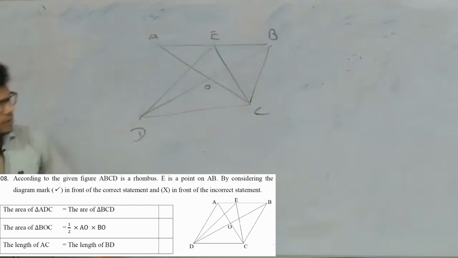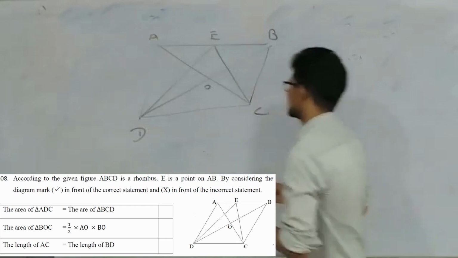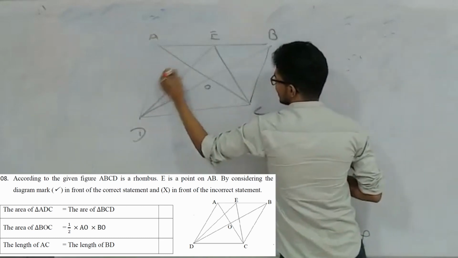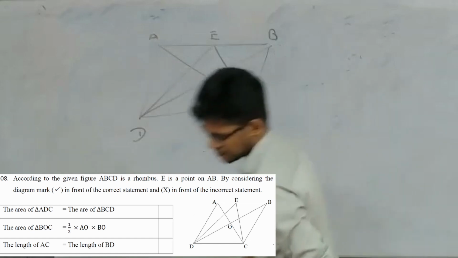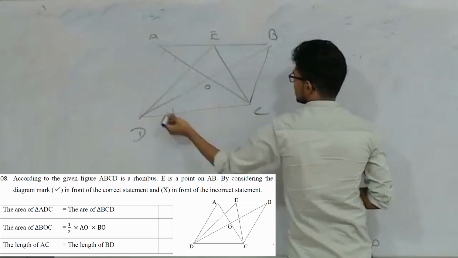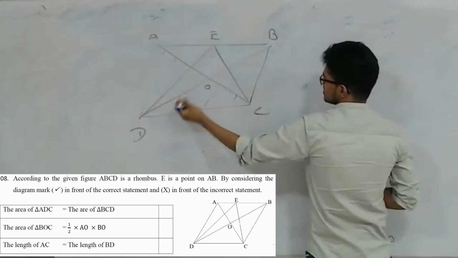Are they equal? Why is that? Is it correct? Yes, it is correct. ACD is this triangle, and BCD is this triangle.